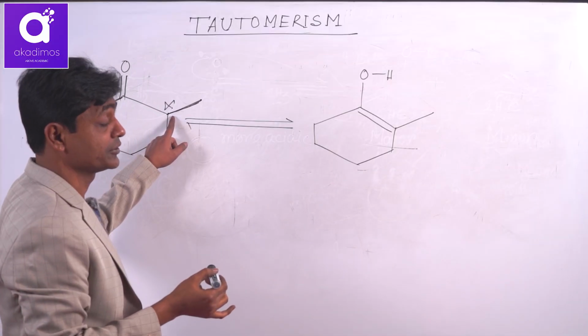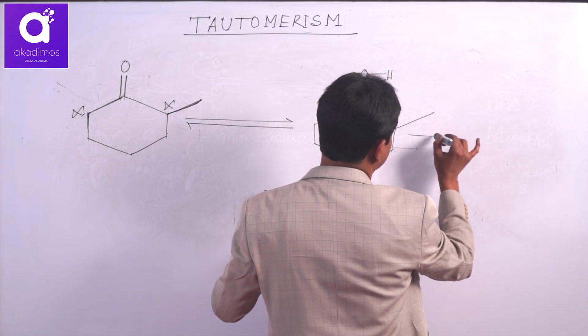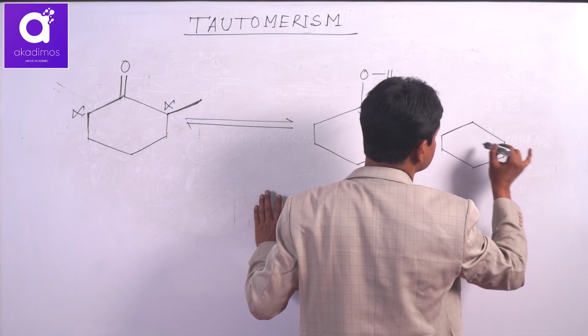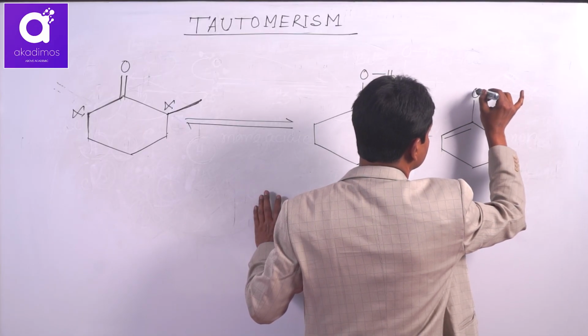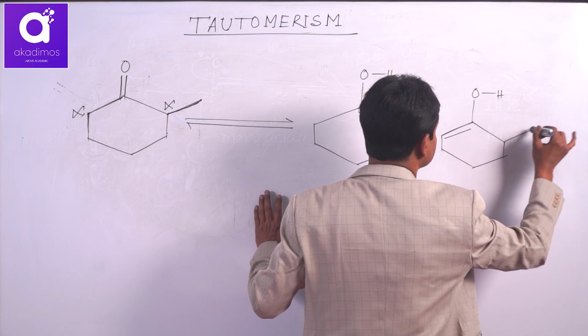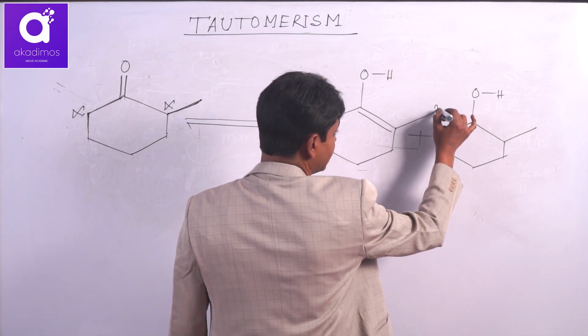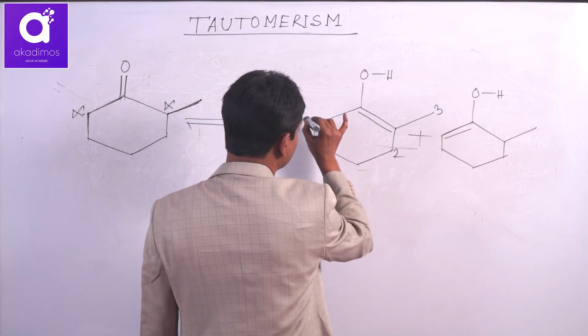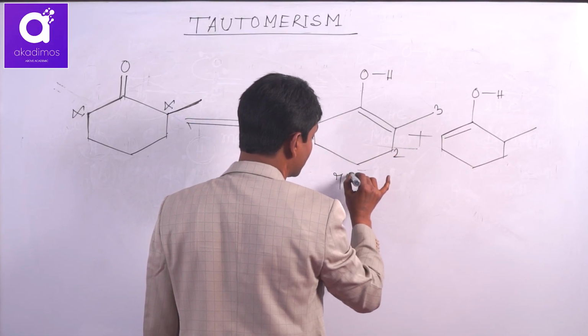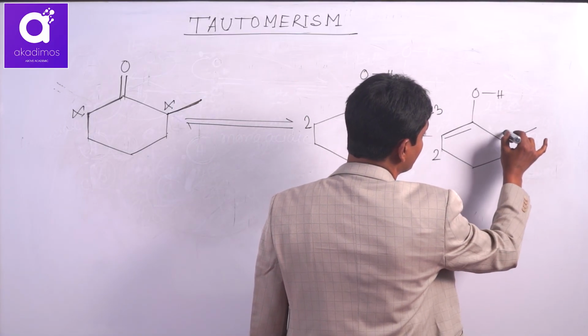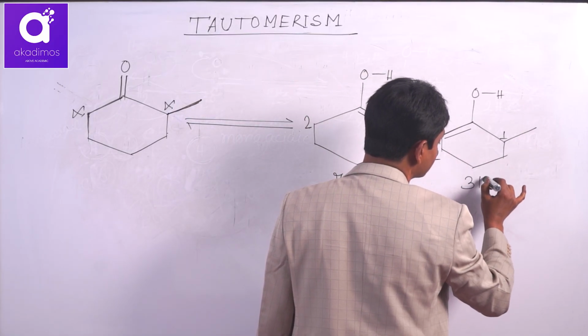This tertiary hydrogen participates, and this is another enol. It is thermodynamically more stable. See, here 3, 2, 2, so 7 hyperconjugative interactions you will get, and here 2, 1, only 3 hyperconjugations.